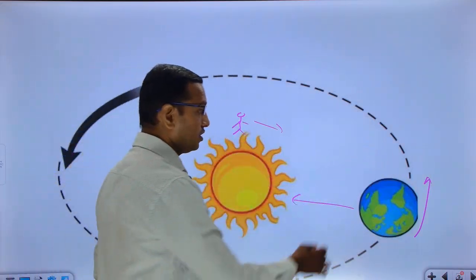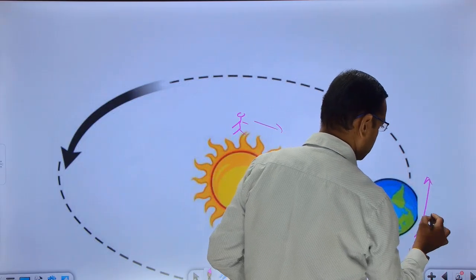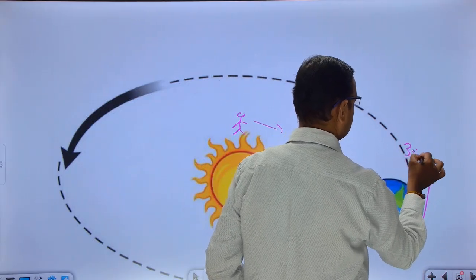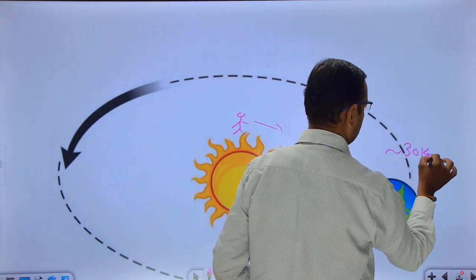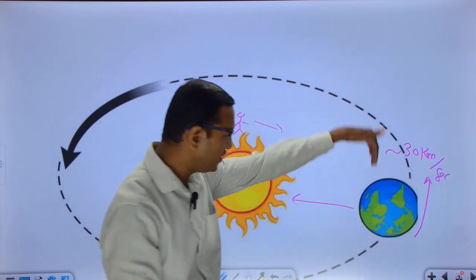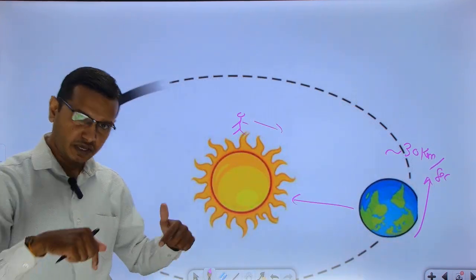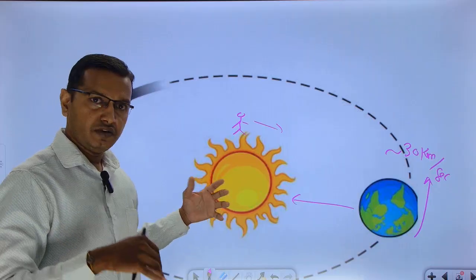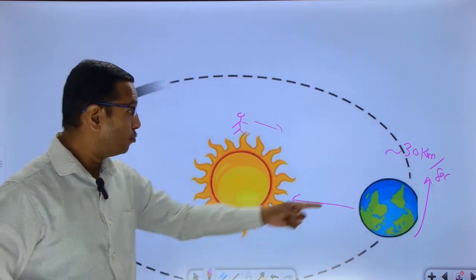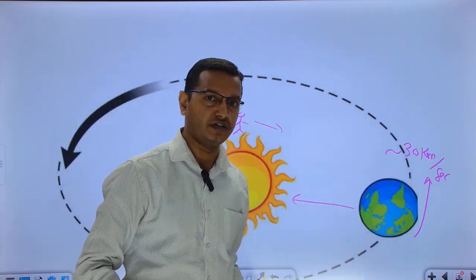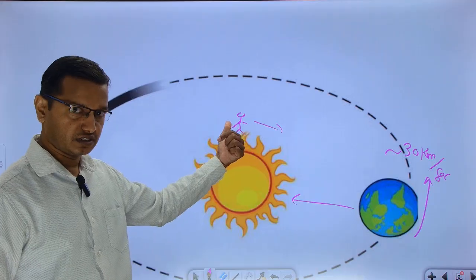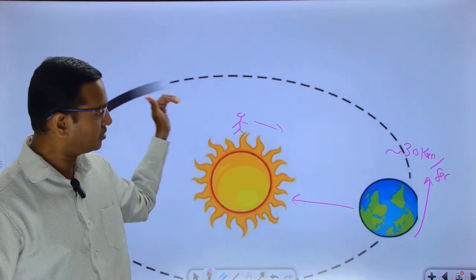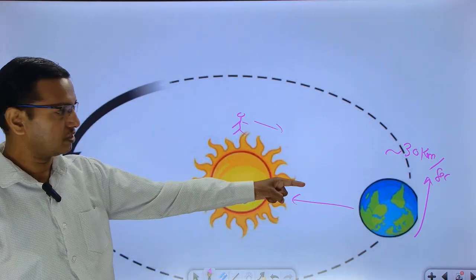And earlier I told you that the earth's motion is approximately 30 kilometers per second. That means every object, even now, if I'm standing here, I'm moving at a speed of 30 kilometers per second, for this guy who is standing outside, away from the earth, and watching me. Hope this is clear.